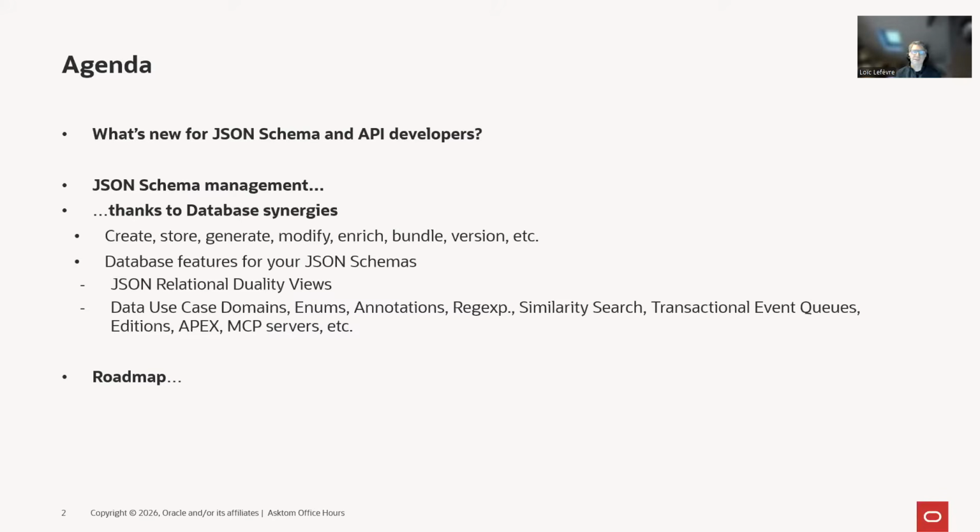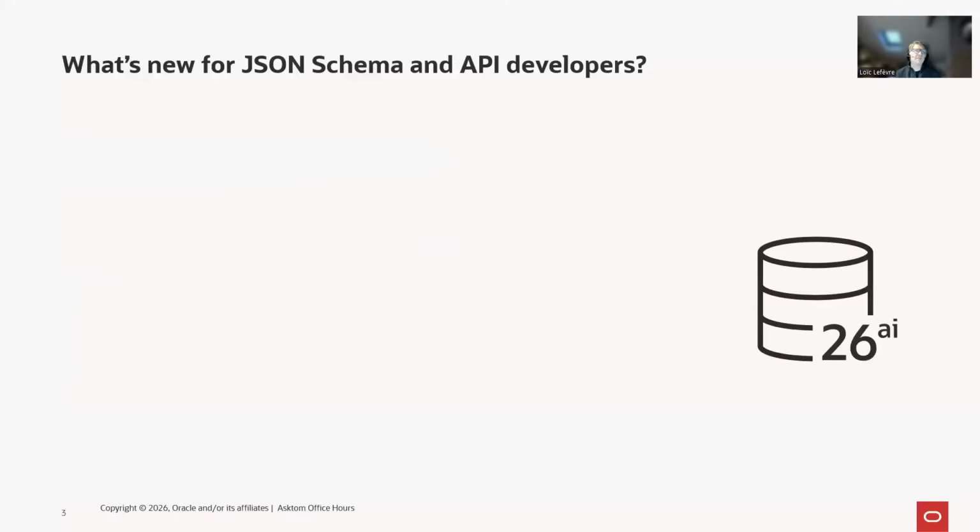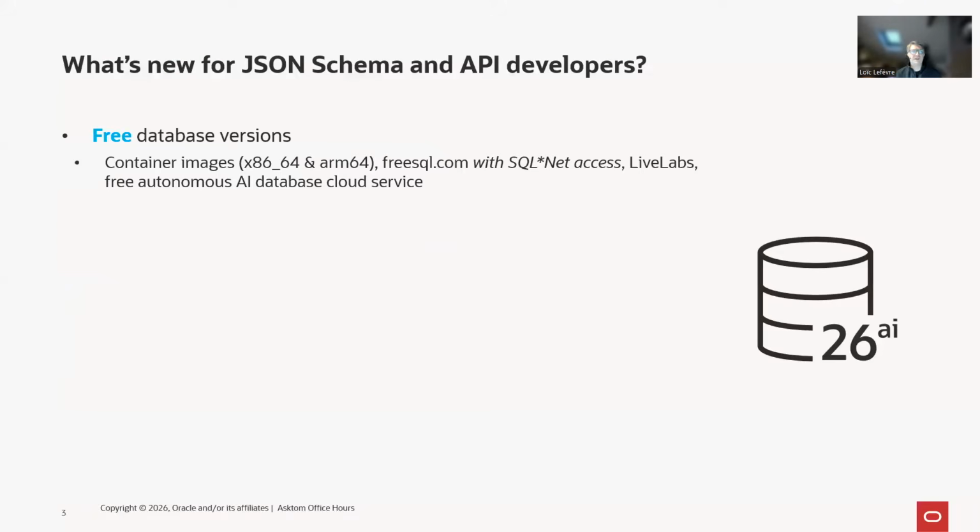Then we drill down into the database features that benefit from using JSON Schema, like JSON relational duality views, but not only these. We'll conclude with a very short roadmap, showing that we are continuing our efforts in supporting JSON Schema.